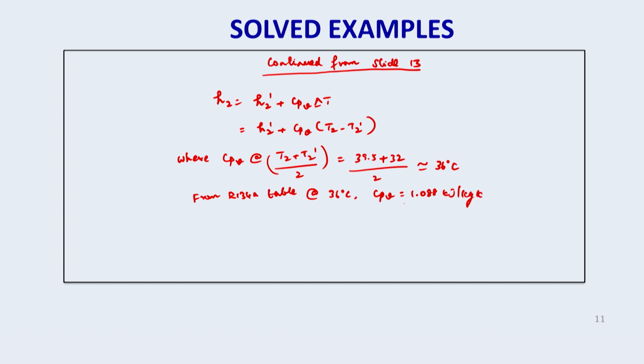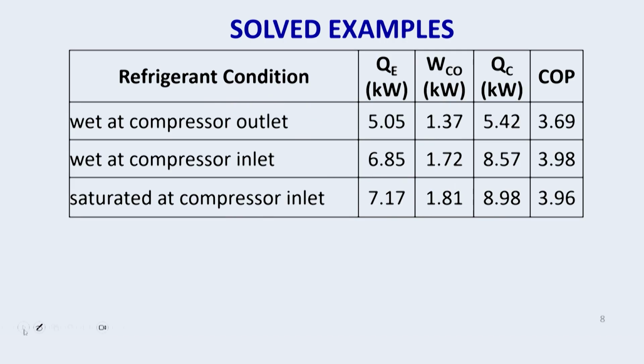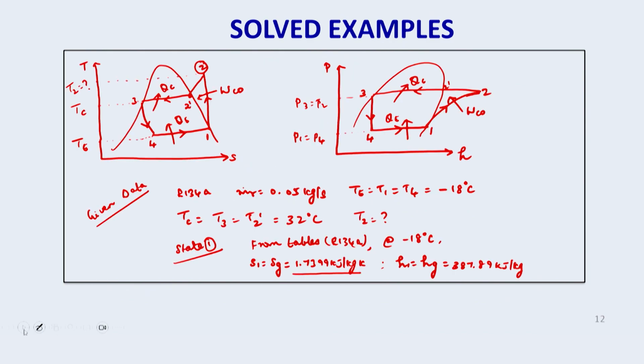Now Cp of vapor is found, and T2, T2 dash are known. Once we know the enthalpy at state point 2 dash, we can find out the superheated enthalpy at state point 2, like how we found S2 dash.